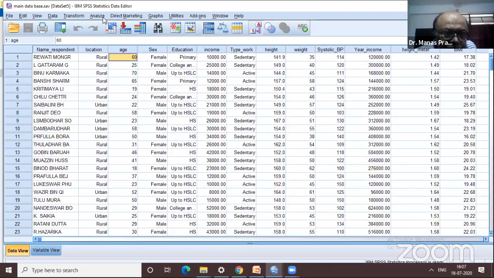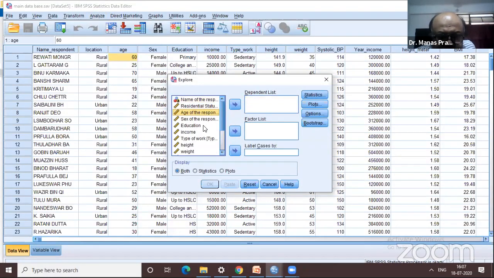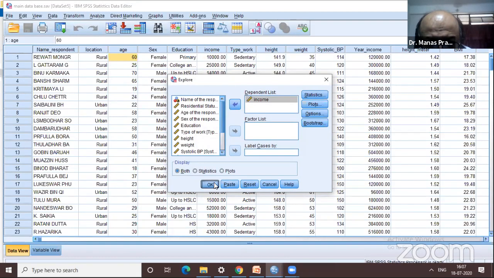So let us go to Analyze, Descriptive Statistics, Explore. Suppose I want to find it for income. From the box plot we have observed that income has some extreme observations. So select that, then go to Plots, then normality plot with tests, and continue.